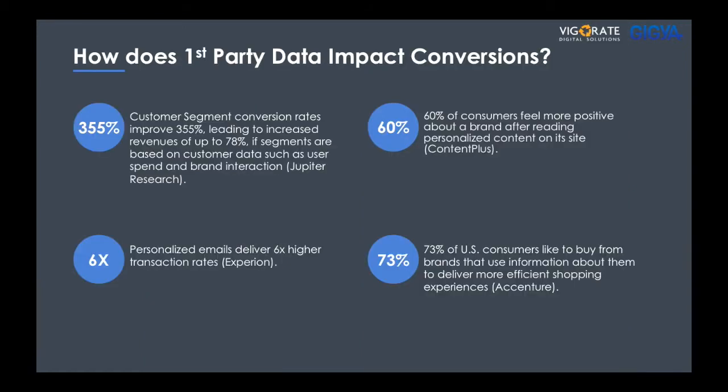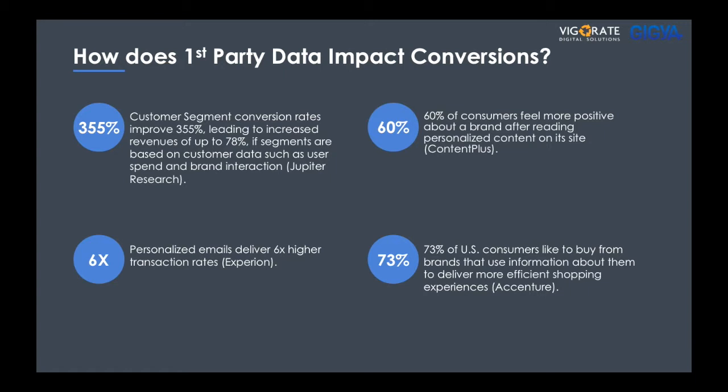Building a marketing strategy around permission-based profiles provided by known customers rather than profiles pieced together from anonymous users has a direct impact on a business's bottom line. Case in point, customer segment conversion rates improved 355%, leading to increased revenues of up to 78% if the segments are based on customer data such as user spend and brand interaction.